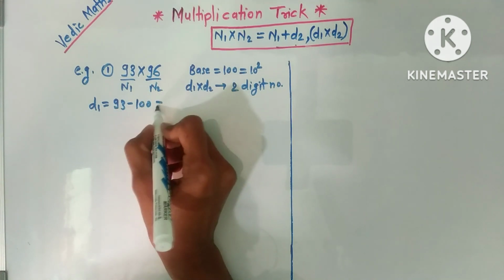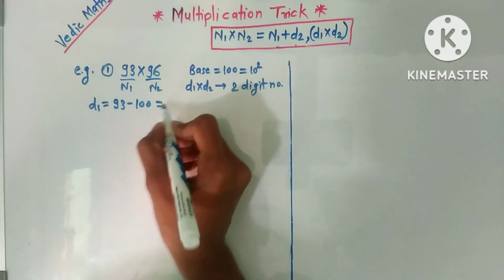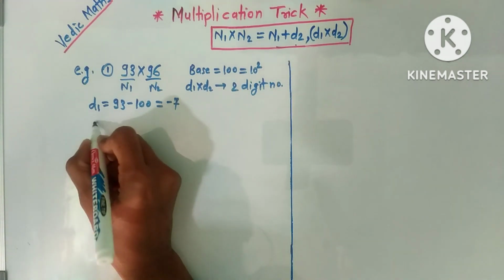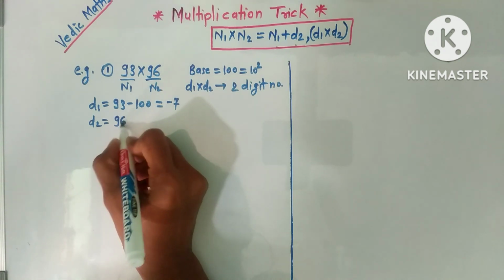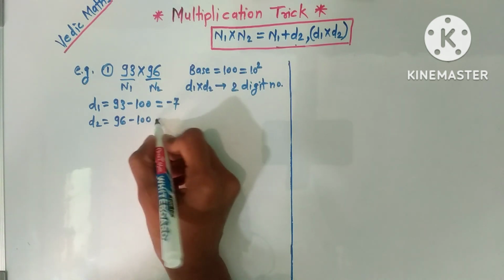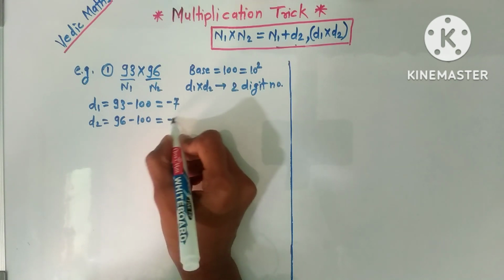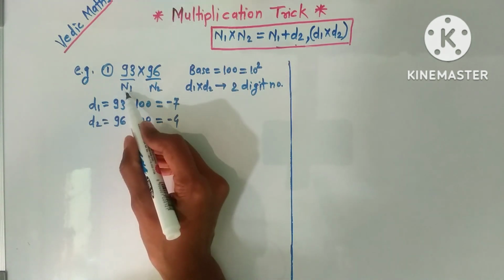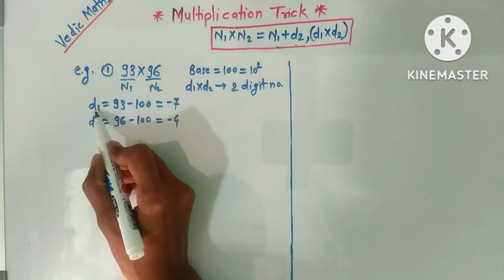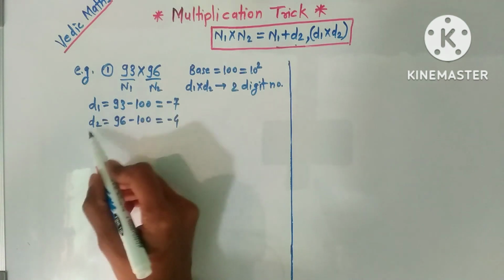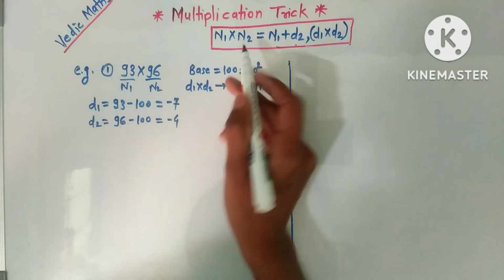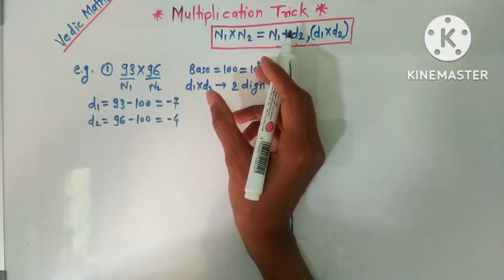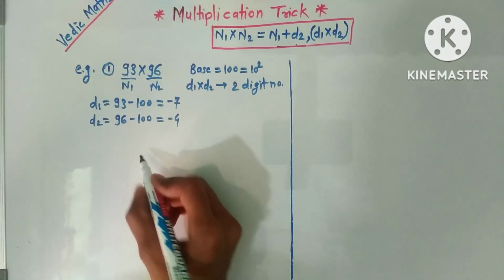Base is 100, so 93 minus 100 is minus 7. d2 is n2, 96, minus base 100, so 96 minus 100 is minus 4. So we know n1, n2, and also d1 as minus 7 and d2 as minus 4. We will put all these values in the formula and find the multiplication of 93 into 96.